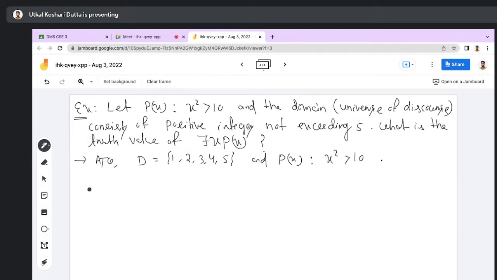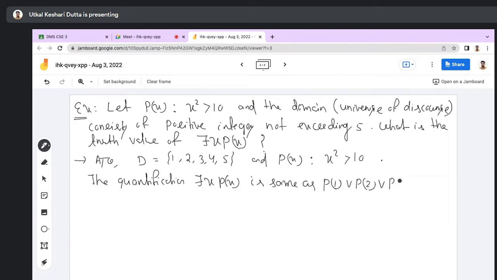Then the quantification there exists x P of x is equivalent to what? This existential quantification will be the same as P of 1 disjunction P of 2 disjunction P of 3 disjunction P of 4 disjunction P of 5.